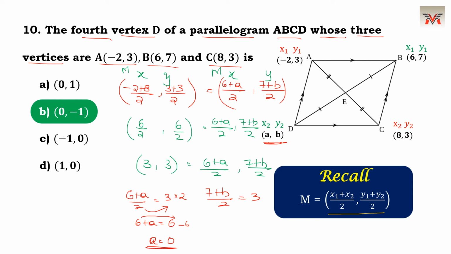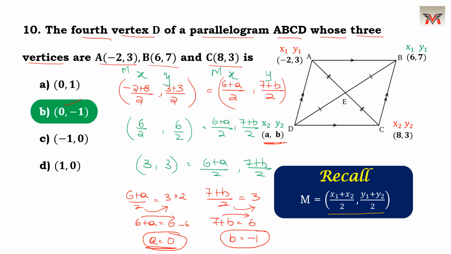Okay, what's the value of b here? 7 plus b is equal to 6 when I take 2 to the other side. Therefore b becomes what? 6 minus 7, that is equal to minus 1. So we have a as 0 and b as minus 1. Therefore the value is 0 comma minus 1.